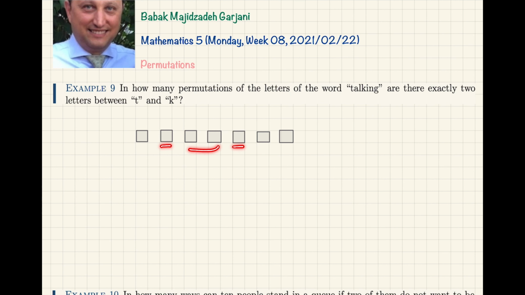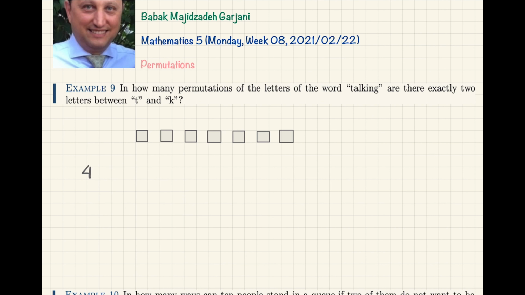There are still exactly 2 in between. Or I can choose these 2, this is the third possibility. And finally, I can choose these 2, and this is the 4th possibility. So there are 4 possible ways, 4 pairs that I can choose for locating T and K.